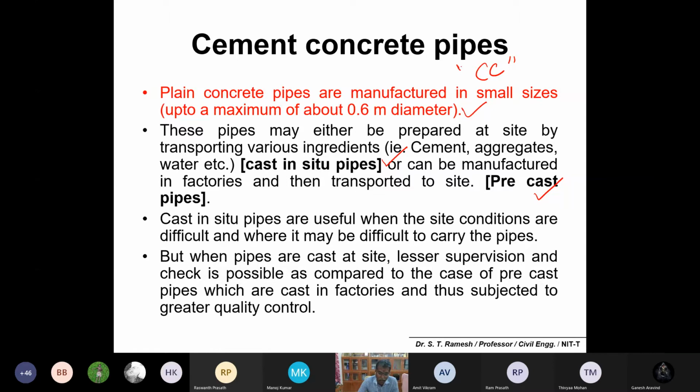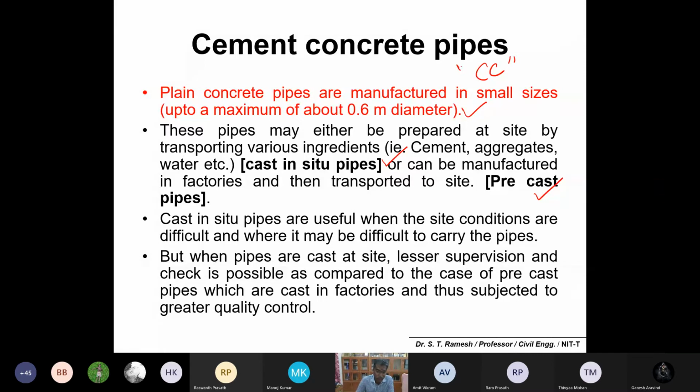Please make a note of the difference between cast in situ and precast. Cast in situ means you prepare the pipe with the dimensions on the site wherever the requirement is. Precast means your plant or industry may be somewhere else, and you manufacture the CC pipe and transport it to the site for your requirement.